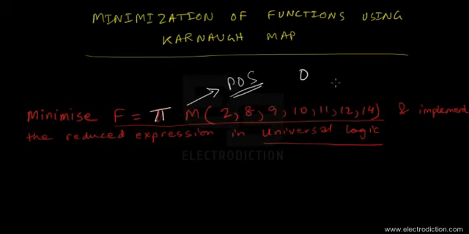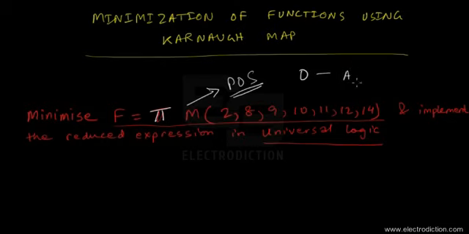Furthermore, whenever we're writing the reduced expressions of the cells, we must always keep in mind that for POS functions, a 0 is regarded as a non-barred quantity.